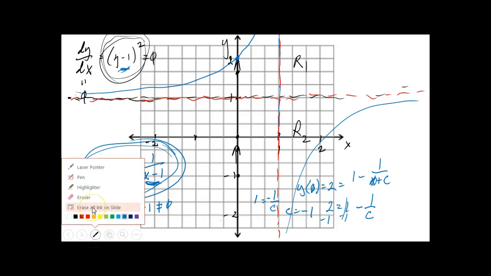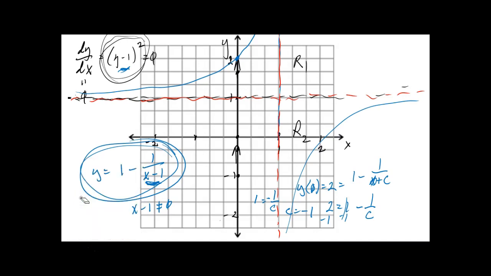Okay, I'm going to erase all this. They're not using the same function, but they are using the same horizontal asymptote, so maybe we'll just erase the pieces we don't want. So we don't want this anymore.